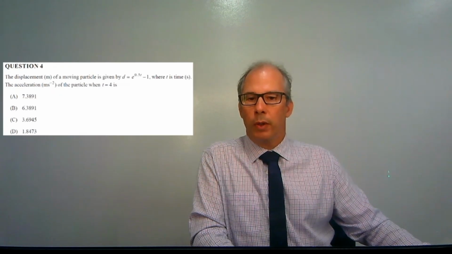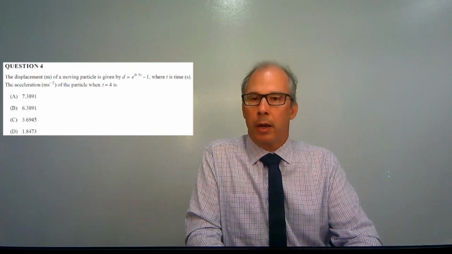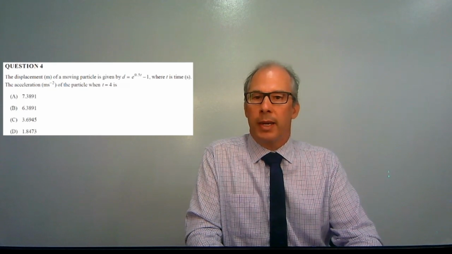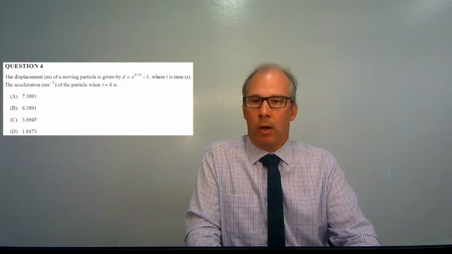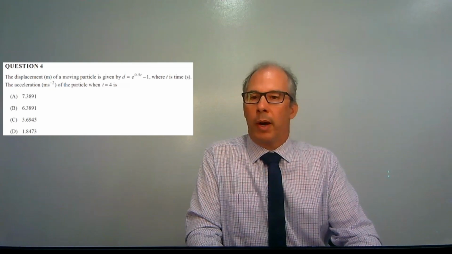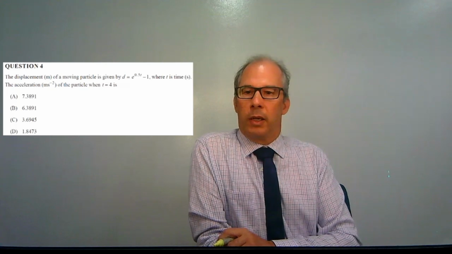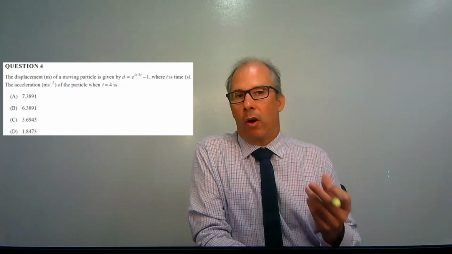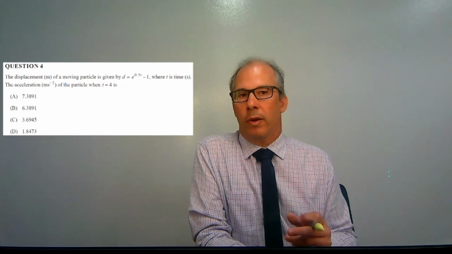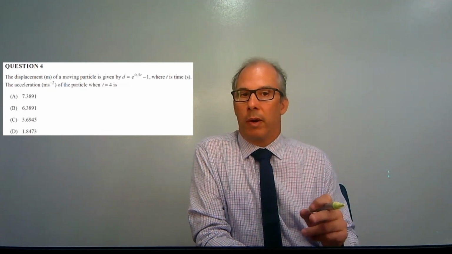Question 4 is the displacement in meters of a moving particle given by d equals e to the 0.5 t minus 1, where t is time in seconds. The acceleration in meters per second squared of the particle when t is 4 is equal to. You need to know that the derivative of the displacement function is your velocity, and the derivative of your velocity is your acceleration.